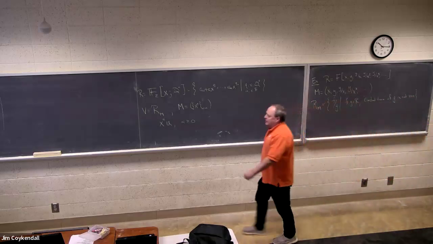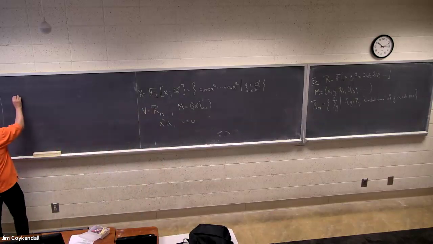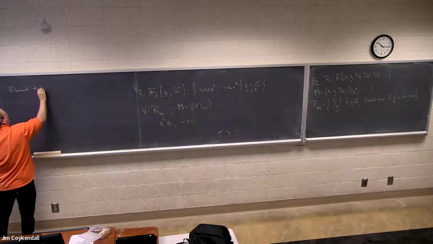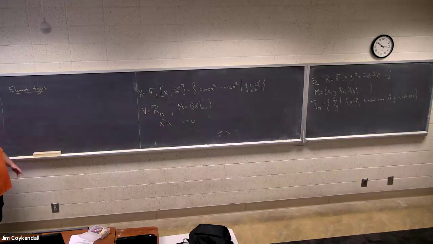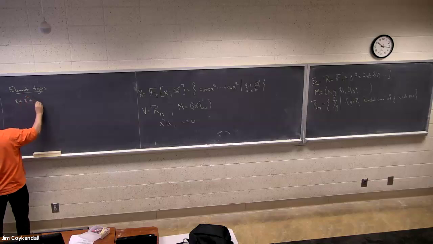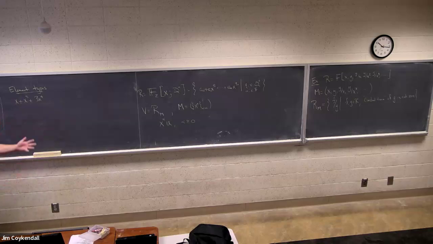Let's look at elements. I'm going to do a couple of examples and then we'll try to get the general form. So you might have something that looks like this. A regular polynomial, that's an element in there.